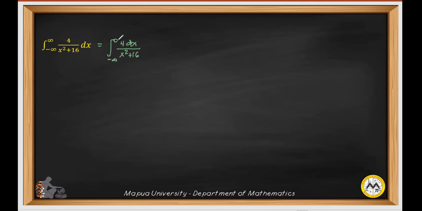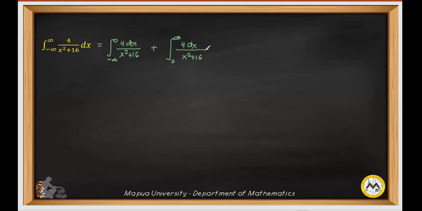We can let c is equal to 0, plus the integral of 4 dx over x squared plus 16 from 0 to positive infinity.